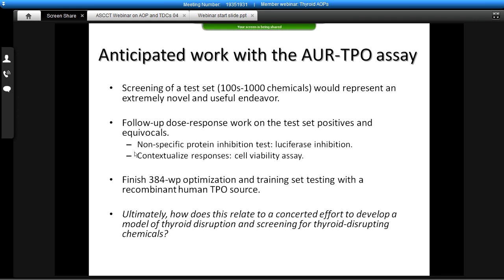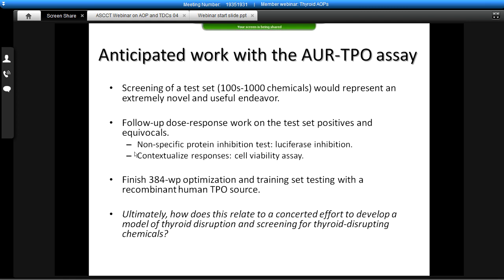We could include other assays in parallel as well. We could try to isolate nonspecific protein inhibition by running a luciferase inhibition assay just to see if a chemical, something like a detergent, might be inhibiting protein nonspecifically and not have a true affinity for thyroperoxidase. We'd also like to contextualize the responses in these assays.